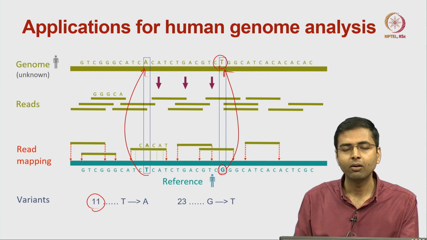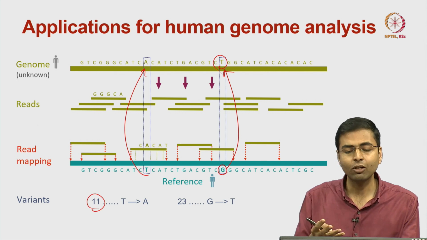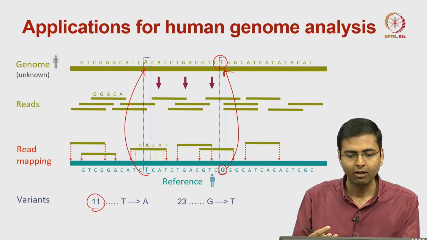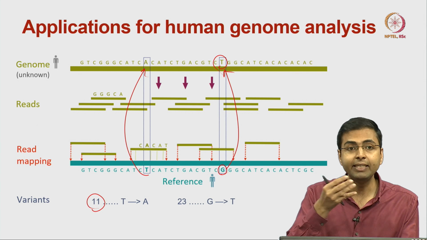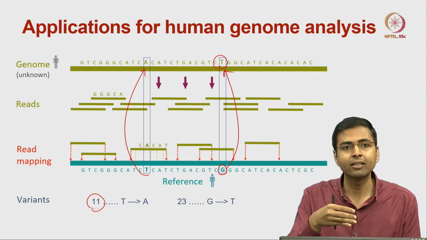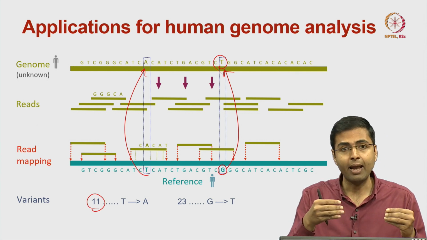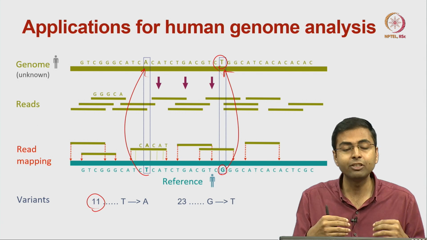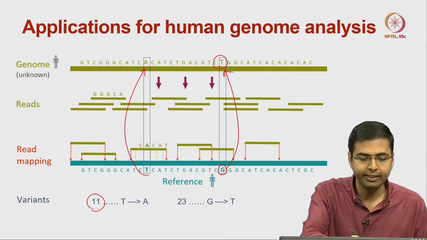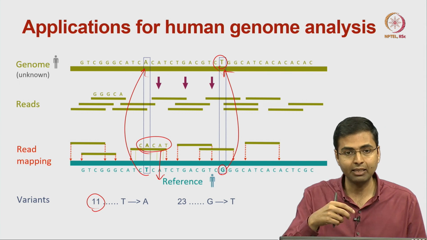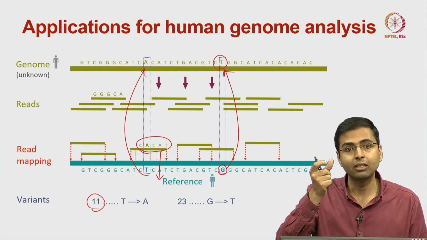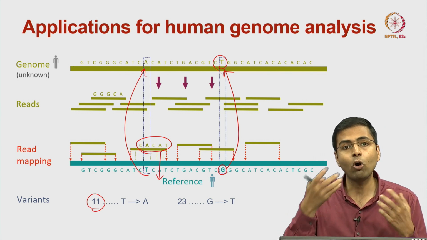Now, one limitation of this approach is that when we are doing pattern matching of these reads to the reference, we assume that these reads are approximately similar to the reference genome. That is, these reads would align well to the reference at some location, and only the small differences would be called as mutations.